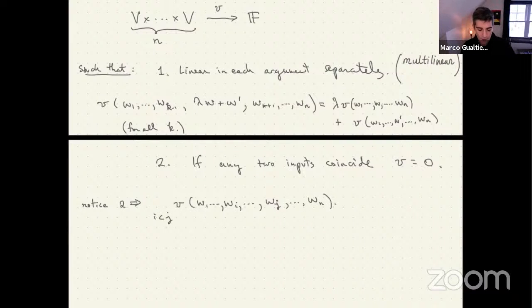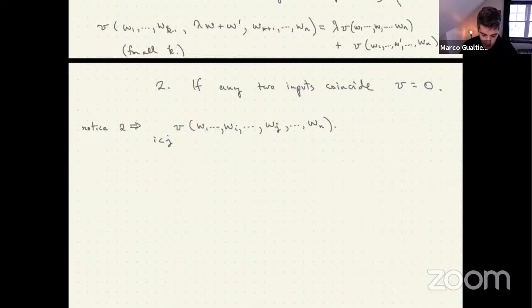So I measure the volume of this list of vectors, and this thing is the same thing as V with Wi plus Wj.